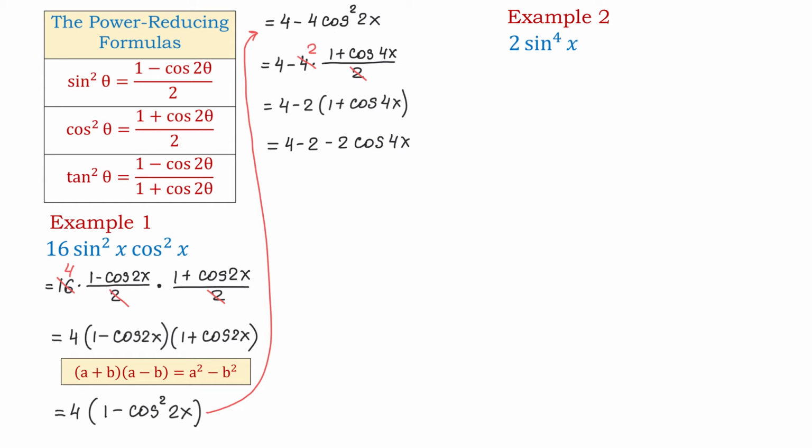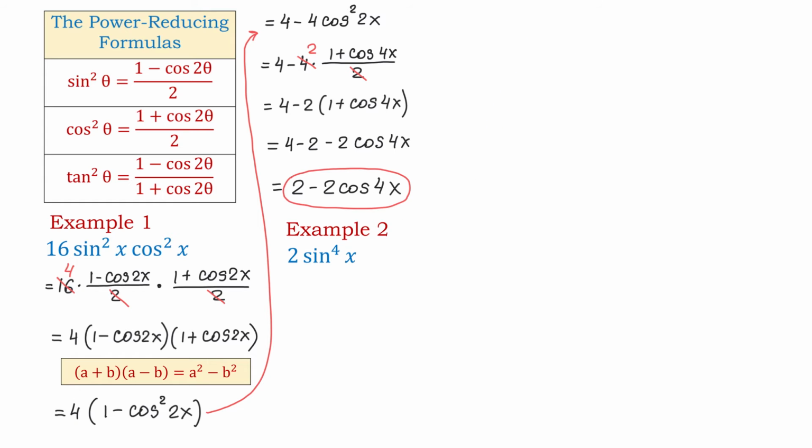Then 4 minus 2 is 2, so we will have 2 minus 2 cosine of 4x. And this is the simplified expression, and as you see, we reduced the power from 2 to 1. Now let's start the second example, and again I will bring it down here.